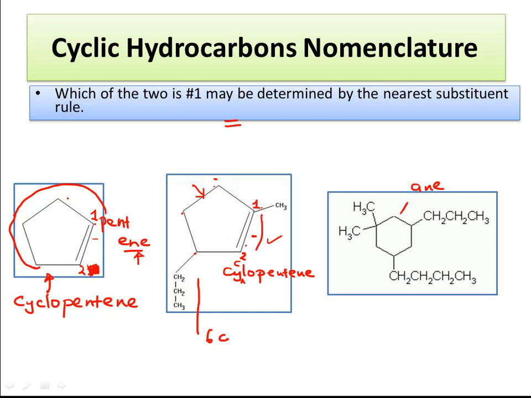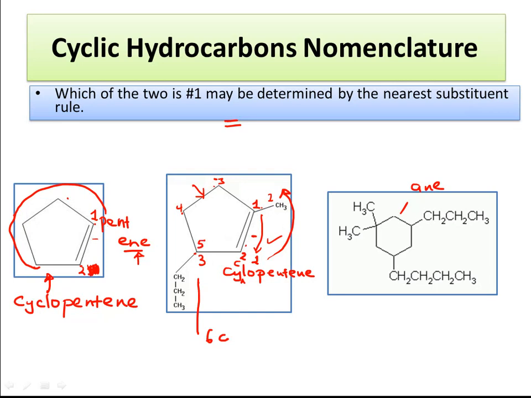So I have to count going that way. So this is carbon number 1, carbon number 2, and this substituent group will be on carbon number 3. Making sense? Right. If I decide to make this carbon number 1, it means I have to count going this way. So this one becomes carbon number 2, carbon number 3, carbon number 4, and carbon number 5.